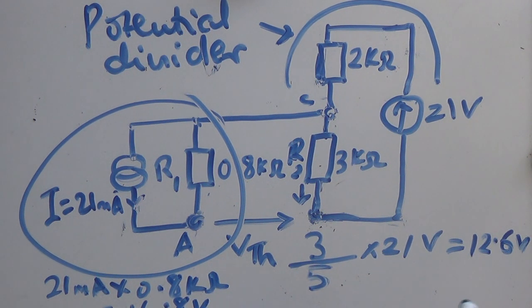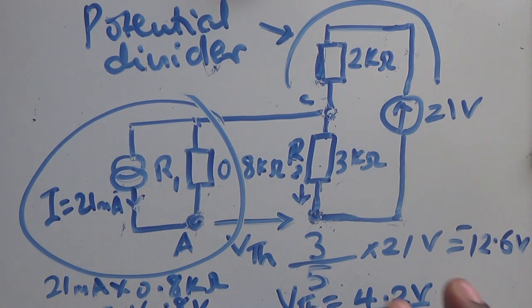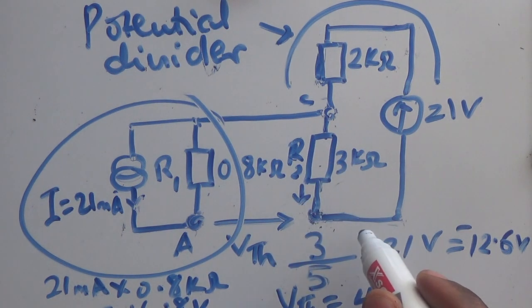This is plus, this is minus. So the VTH would be equal to 16.8 minus 12.6. This is equal to 4.2 volts. So that's how we get the VTH.